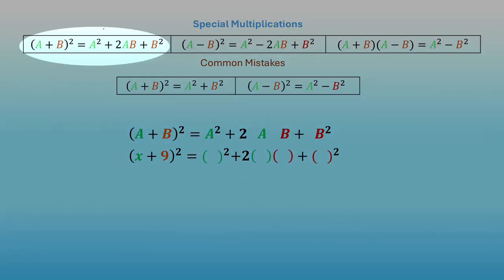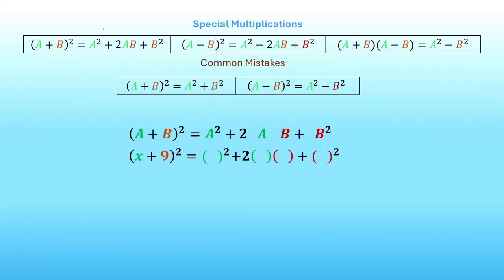Instead, we are going to use the first formula for this problem, which is a result of foiling out a plus b with itself, which results in a squared plus 2ab plus b squared. If you notice, I have replaced a with parentheses in green and b with parentheses in red.